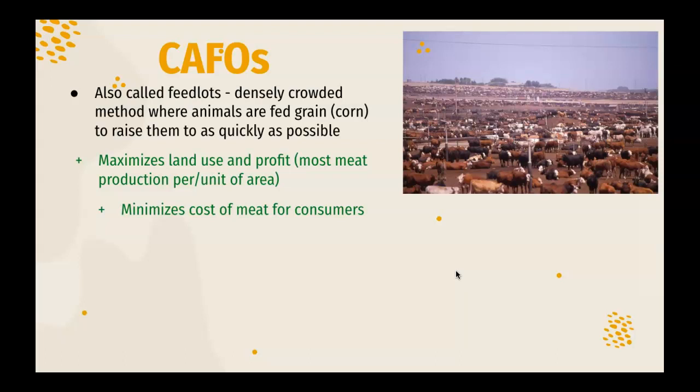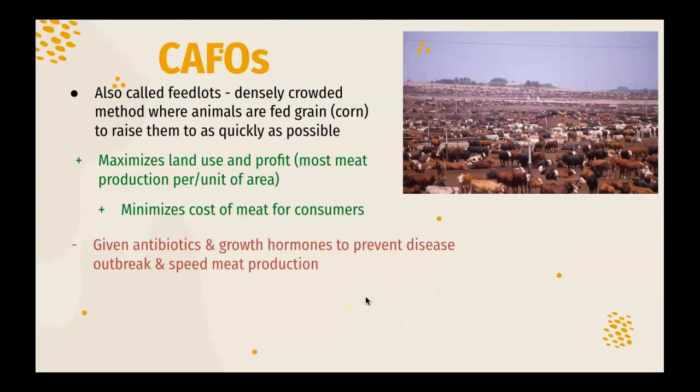So it costs a lot less to raise animals for meat in a CAFO operation than it does to put them out to a field and grazing in a field.